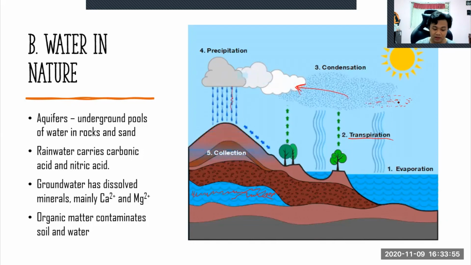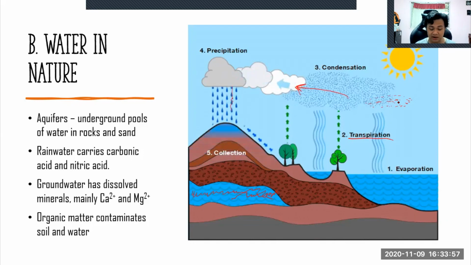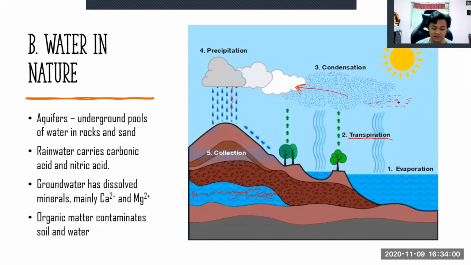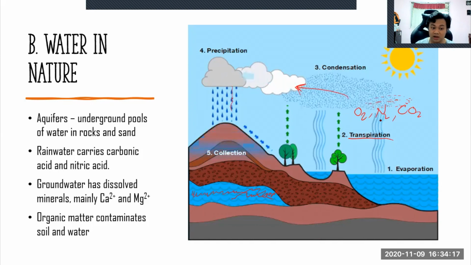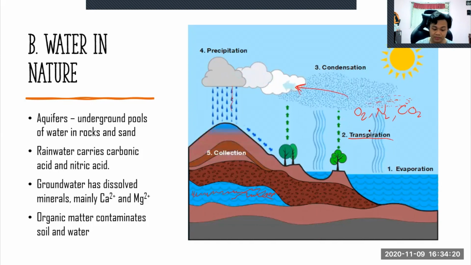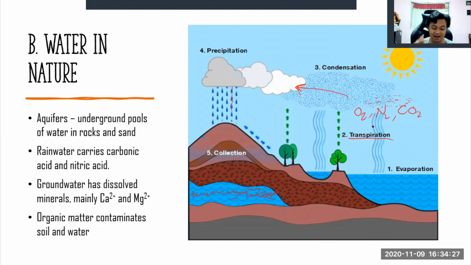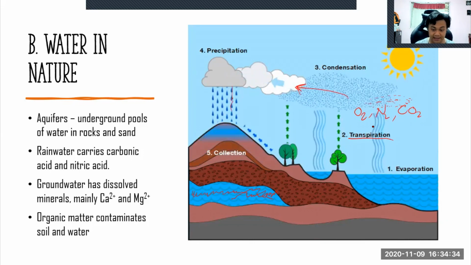The rainwater carries down dust particles, and it dissolves some oxygen, nitrogen, and carbon dioxide as it falls through the atmosphere. The carbon dioxide makes natural rainwater acidic because it reacts with water to form carbonic acid.